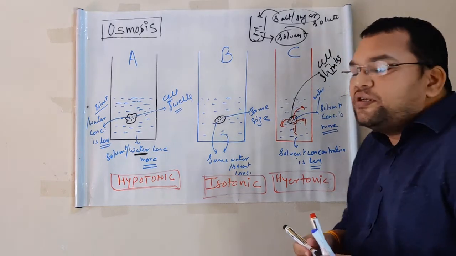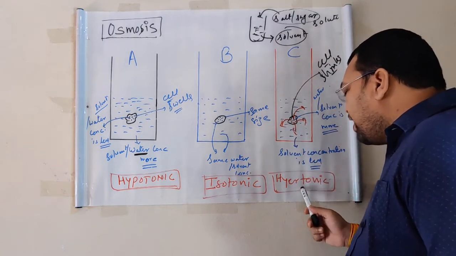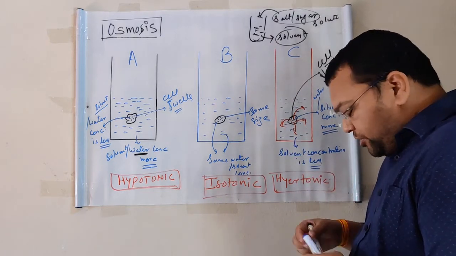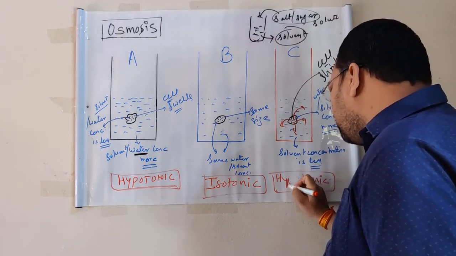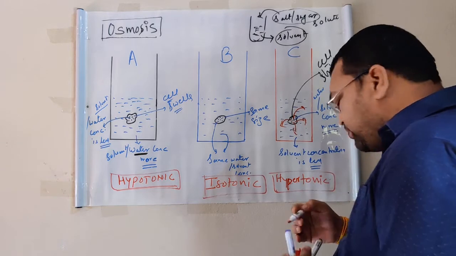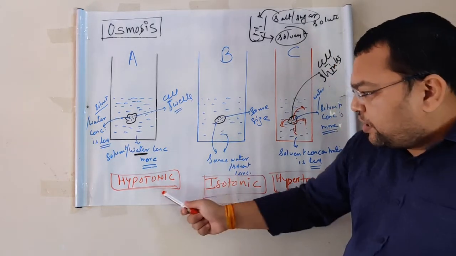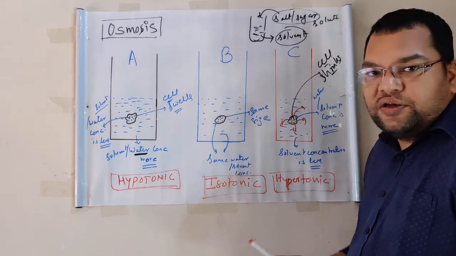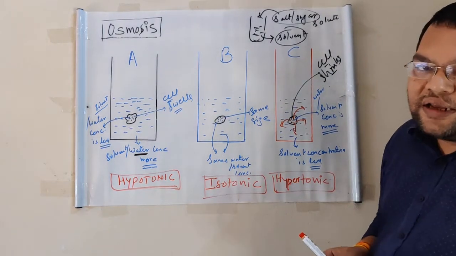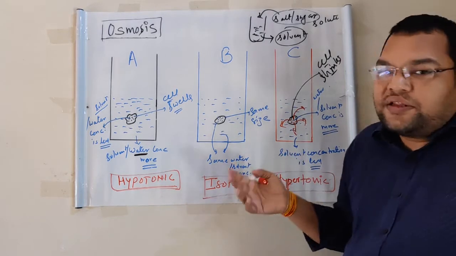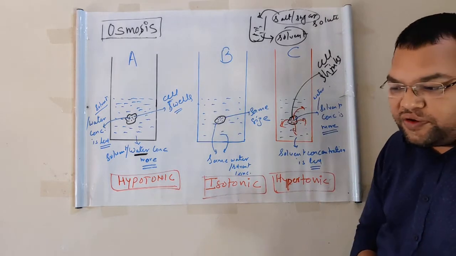In this case the cell shrinks, and this type of solution is known as a hypertonic solution. So the hypotonic solution, isotonic solution, and hypertonic solution are the three categories by which we can classify solutions on the basis of osmosis.